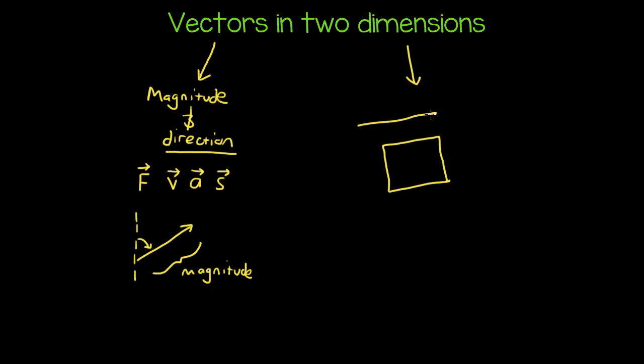So a line would represent a one-dimensional object. A really, infinitely thin piece of paper, or any geometric shape really, would represent a two-dimensional object. And as you know, a three-dimensional object would have 2D plus an extra dimension.